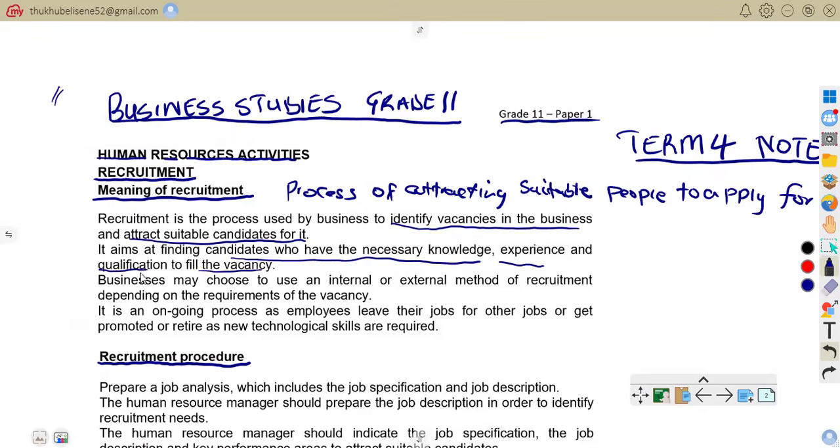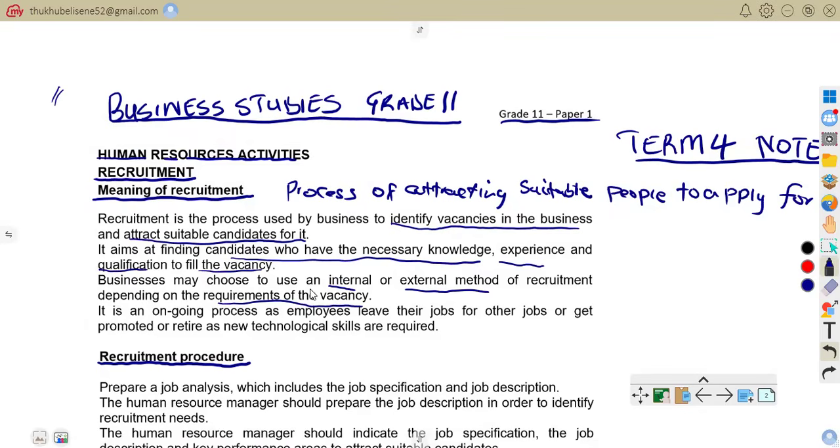The business may choose to use an internal or external method of recruitment, depending on the requirements of the vacancy. Sometimes it will force us to go out because the current employees may not have that skill or cannot manage to fill that post.